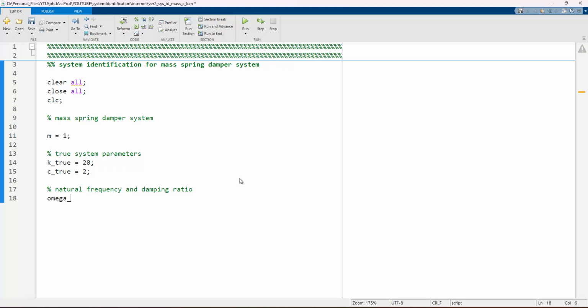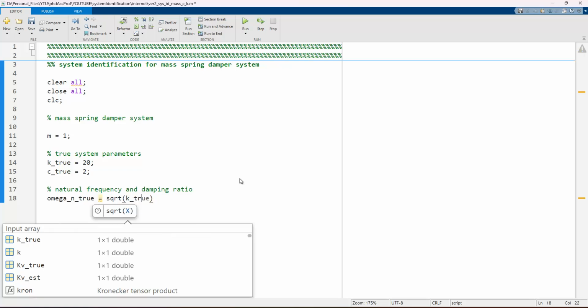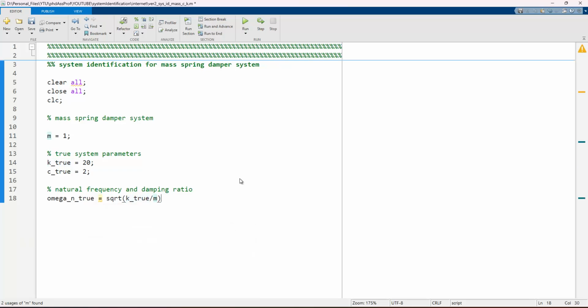Omega n true is assigned with the sqrt of k true divided by m. Okay, and zeta true is assigned c true divided by 2 times m times omega n true.